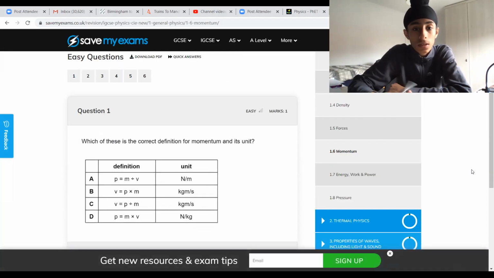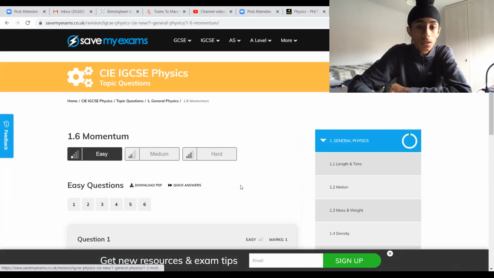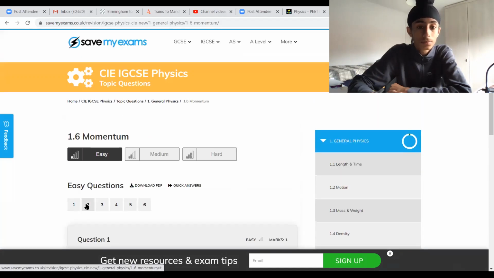It is C. So P over M, kilogram meters per second. Well done. Okay, next one.